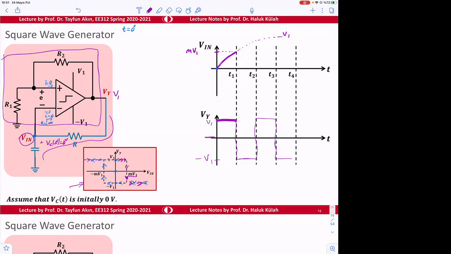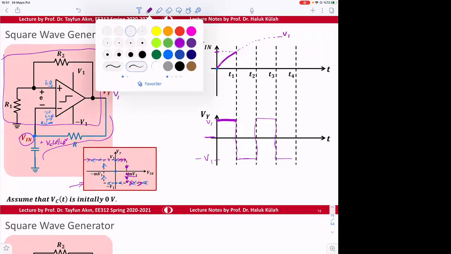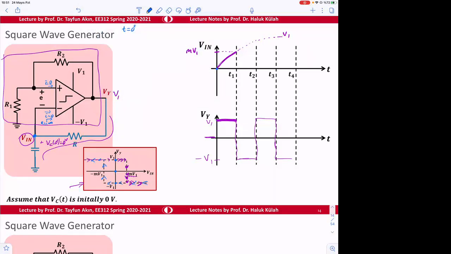So after this, what will happen? The output signal will drop to minus V1. So when it reaches minus V1, we can change the color. Okay, so it goes to minus V1.